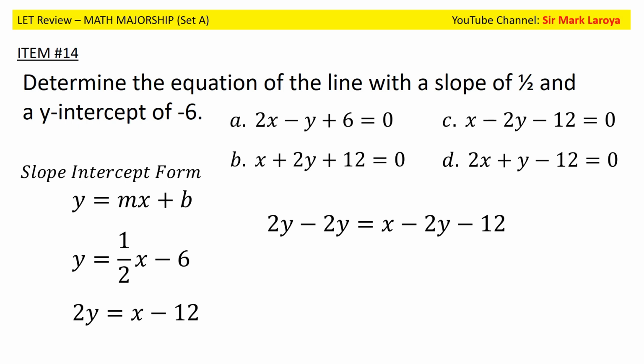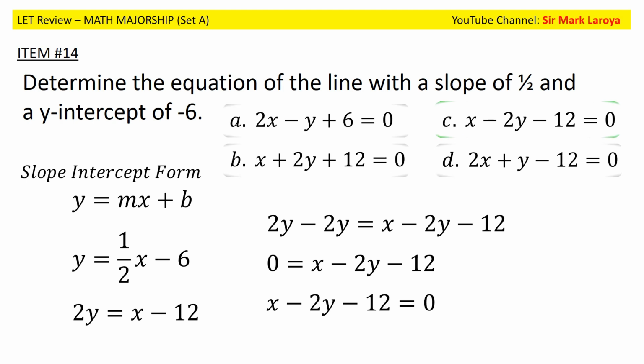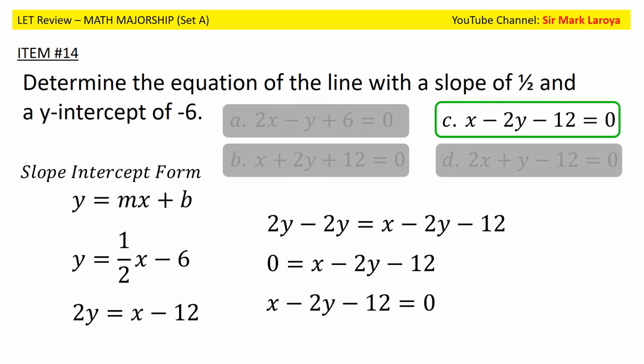So, 2y minus 2y now equals x minus 2y minus 12. So, yung left side natin magiging 0. So, 0 equals x minus 2y minus 12. Or that is simply, it's the same as x minus 2y minus 12 equals 0. So, yung ating equation now is from slope-intercept form naging general form. So, our answer here is letter C. X minus 2y minus 12 equals 0.